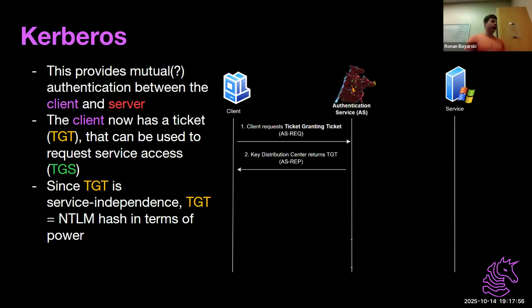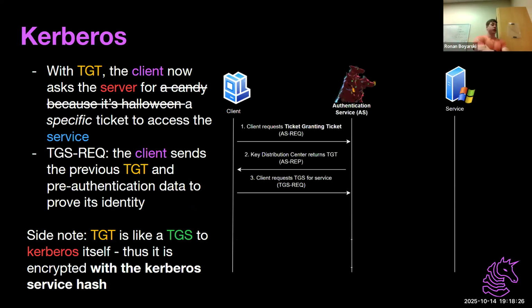So one really interesting property of this, because I said the whole premise of Kerberos is that you have this granular permission that lets you do stuff to things, right? Well, already we kind of break that promise by having a TGT, because a TGT is service independent. It authenticates you to the thing doing the authentication. And that means functionally we can do very similar things to an NTLM hash. That'll be a lot clearer once we go through all 6 steps.